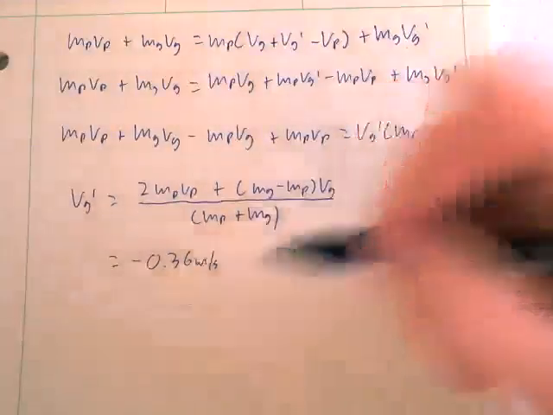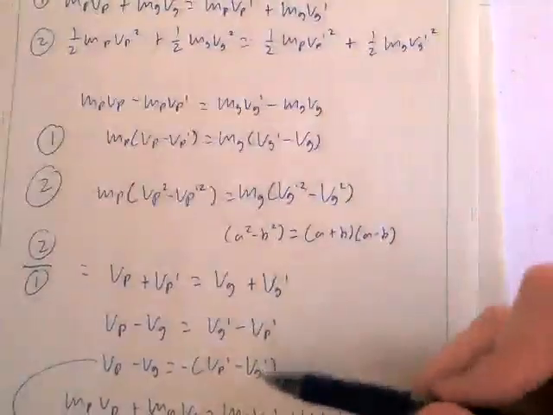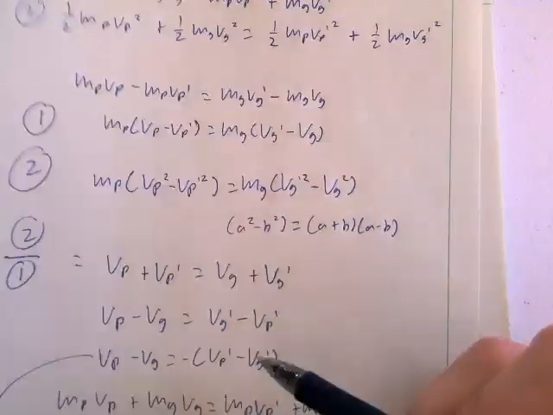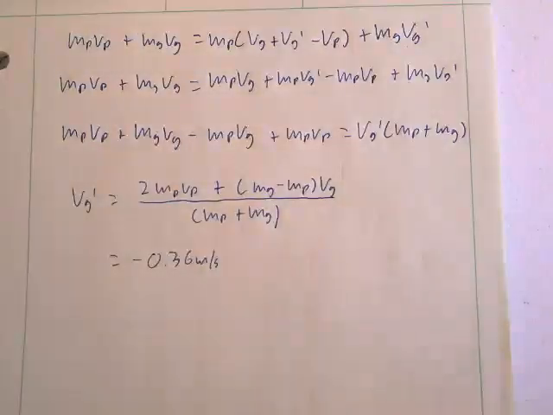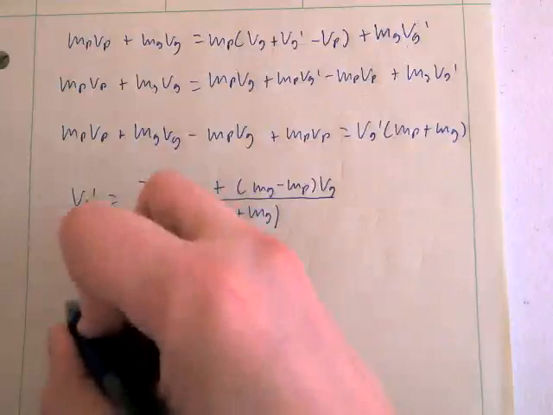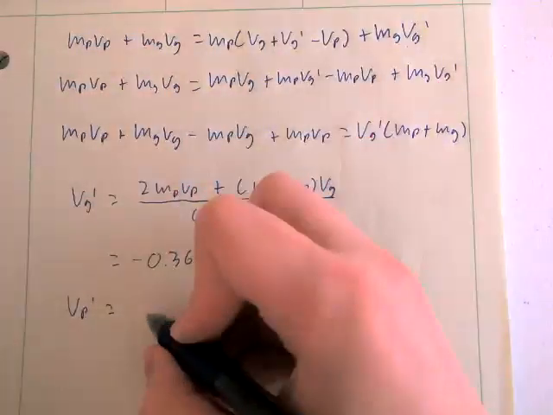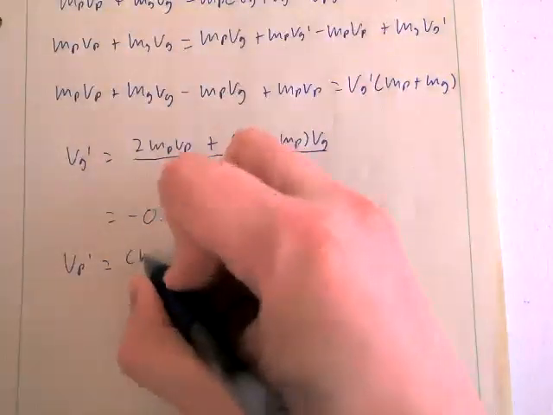Okay, so with this, what we know again from our other result that we derived from here, we can figure out very quickly, right, what the velocity of the puck has to be afterwards, right? We figure out what the velocity of the goalie is afterwards, but we can also derive that in general. We'll get something very similar. Vp prime will look somewhat analogous to this. We've switched some terms around. But if we were to go back through, you do all the algebra, but you solve for Vp prime instead, what you'll get is this.